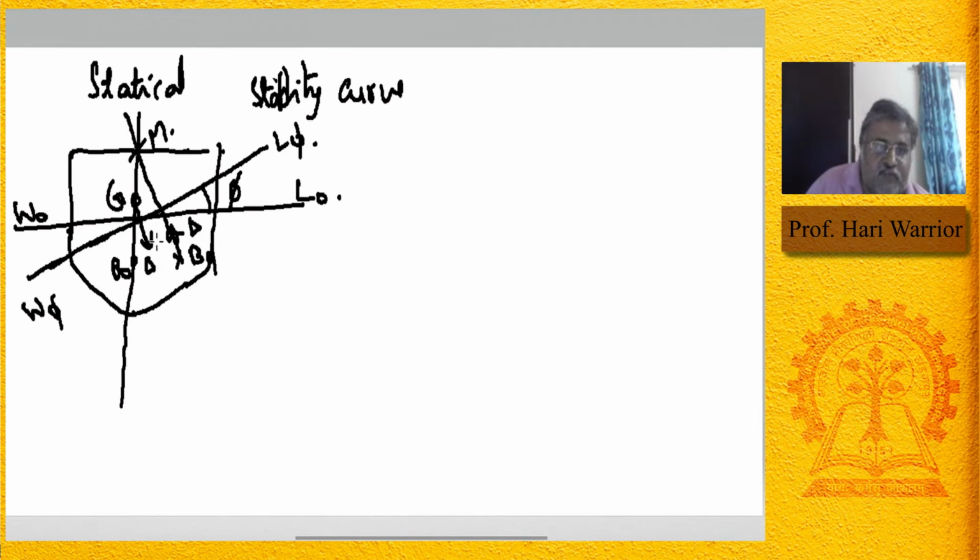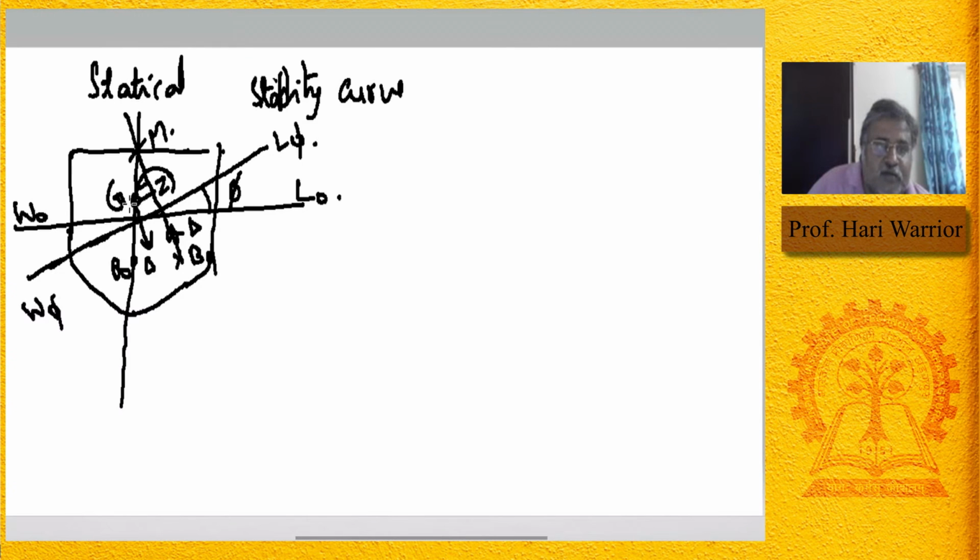So delta into the distance between these two is the restoring moment. Because of this position of the forces, a moment is produced in this fashion. It tends to turn the ship back to the same position, and its value is delta into the perpendicular distance between them.